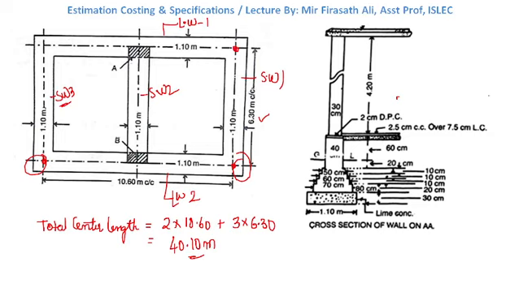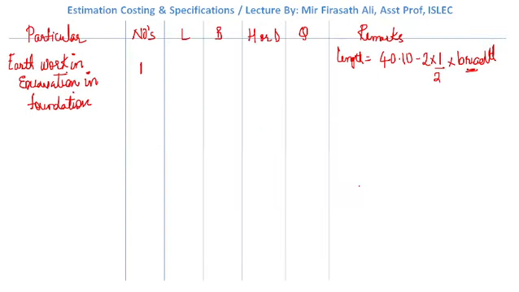Look at over here, it is 1.10. So, we will substitute in this formula: 40.10 minus 2 into 1 by 2 into 1.10 meters. On solving this, we will get 39.0 meters. So, this value we will write in the length column, 39.0 meters.